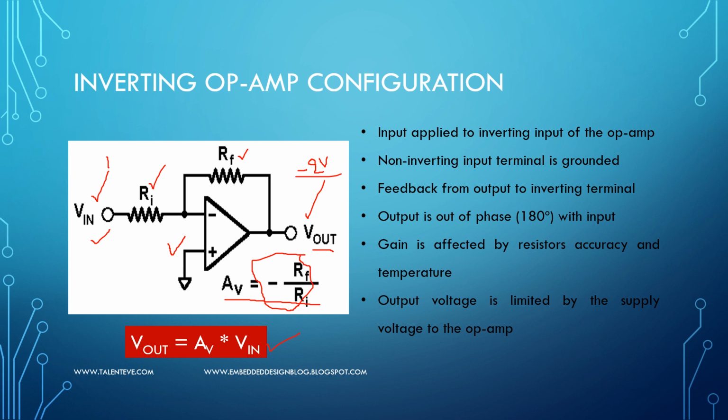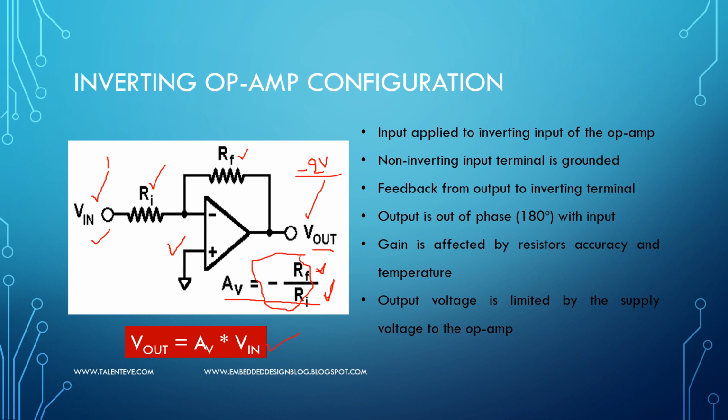Now one thing is that, definitely, based on this RF and Ri, the feedback resistor and the input resistor, the accuracy of the output will vary. If the resistors you use have a very varied tolerance rather than strict tolerance, like for example 20% or more, then definitely the resistor will vary over temperature, and also internally the op amp characteristics will vary.